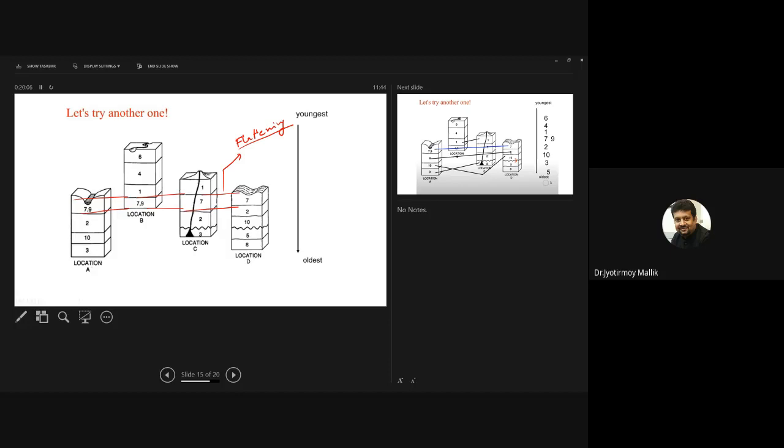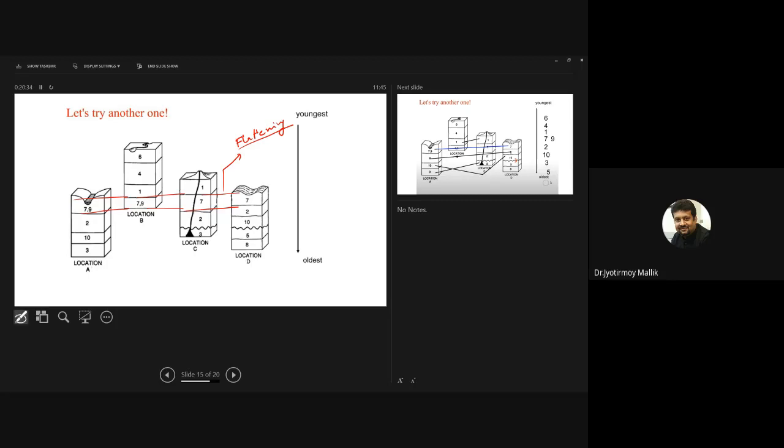This exercise that we just did is bringing the correlatable horizon to the same level, redistributing these columns in such a way that 7 becomes at the same level. That exercise is called flattening.